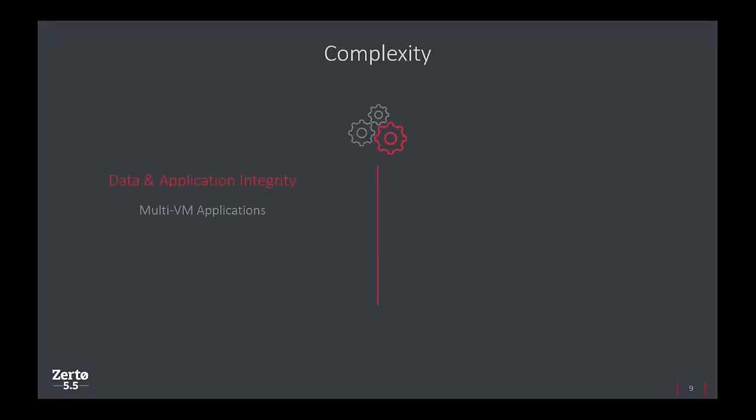If we look at the next barrier that we were talking about, complexity. If we look at data and application integrity first of all, today's Tier 1 applications typically consist of multiple VMs that might well exist across various hosts and datastores, or even clusters and arrays.